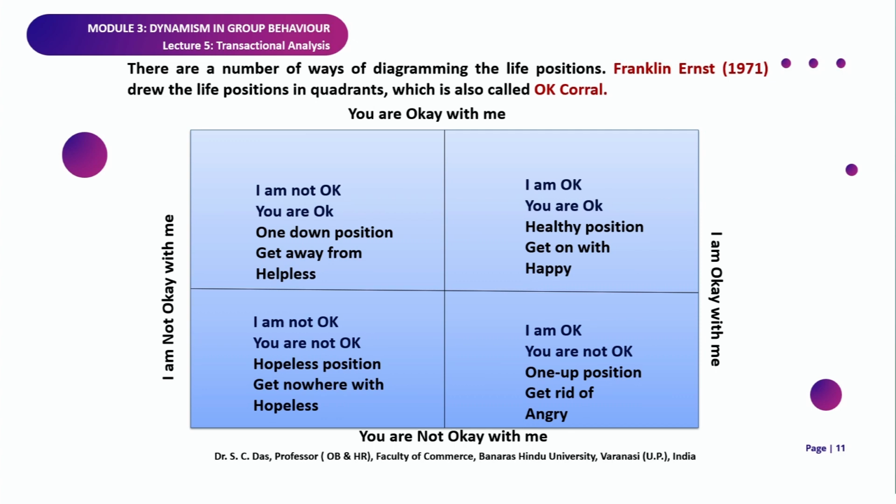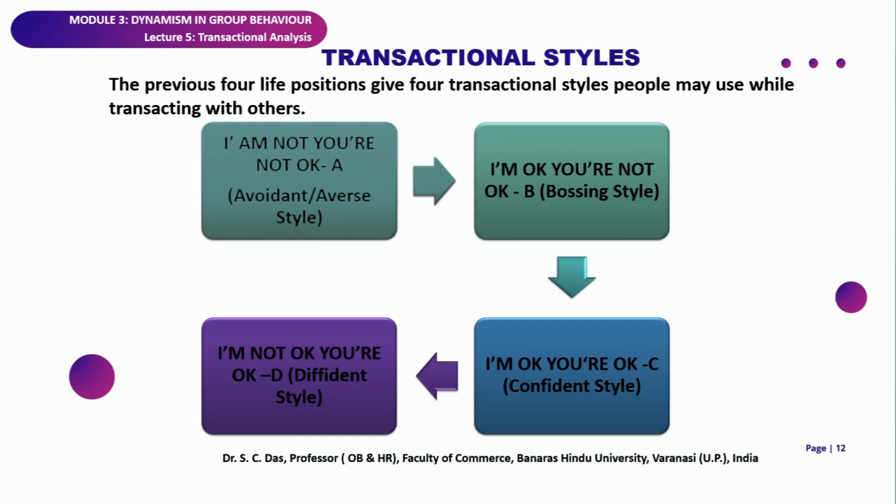Ultimately, four different quadrants try to depict interpersonal communication, that means understanding the personality of different groups of people.